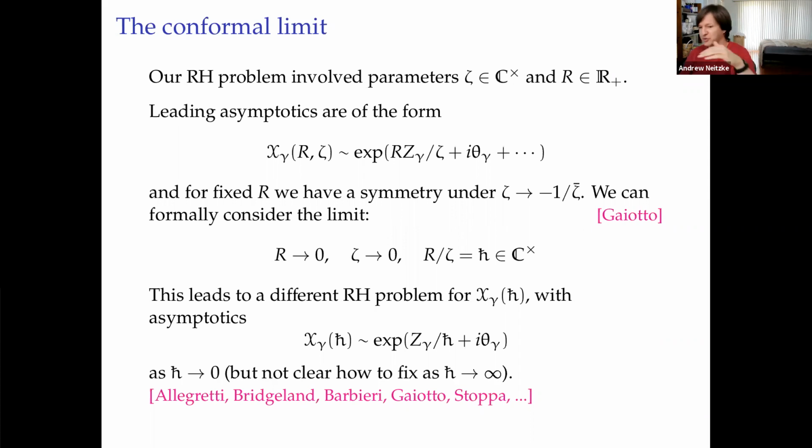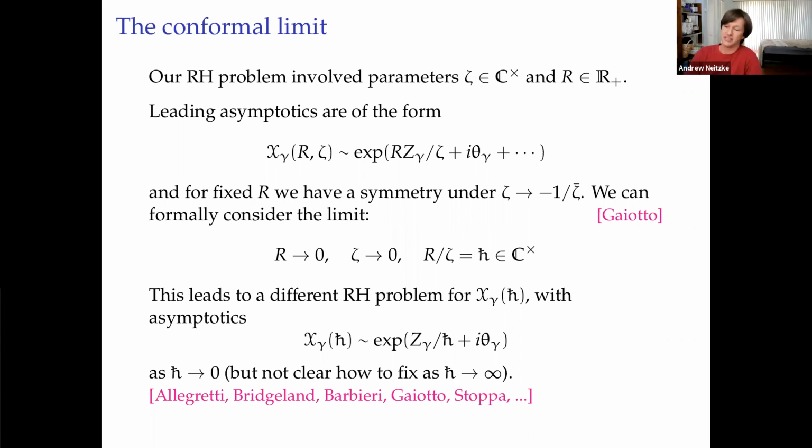It involved the parameter zeta, which was keeping track of the complex structures, the coordinate along the twistor line. And then it involved this real number, R, which essentially just had the role of rescaling the central charges. And so in particular, the Riemann-Hilbert problem involved writing down these leading asymptotics that used R and zeta.